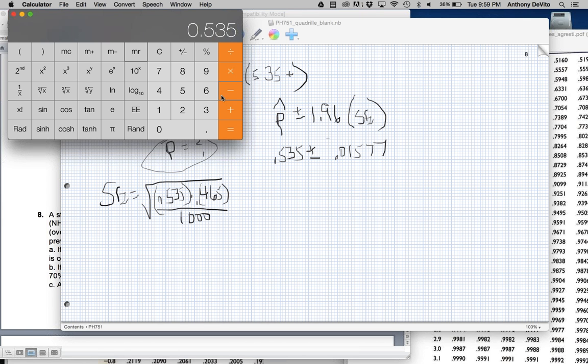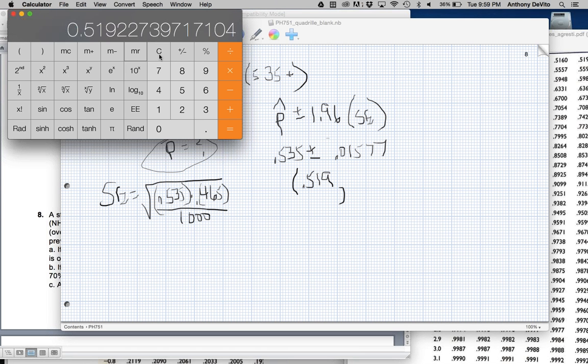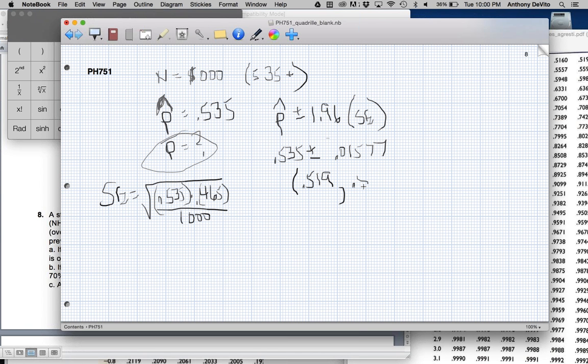0.535 minus our margin of error is 0.519, right? 0.519. Okay, and the upper limit is going to be 0.535 plus our margin of error, which is equal to 0.550.